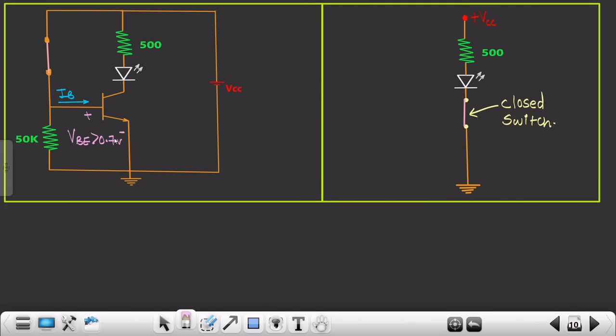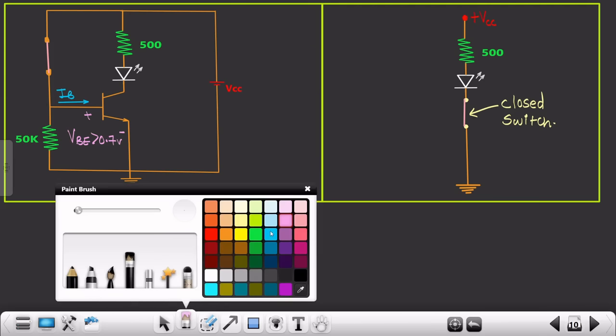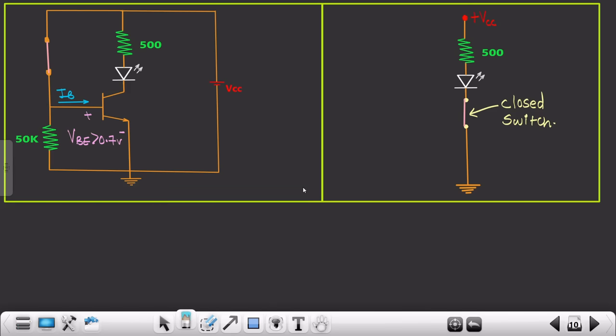So now what is going to happen? If your IB is maximum, then your IC, we all know that IC is beta times IB.